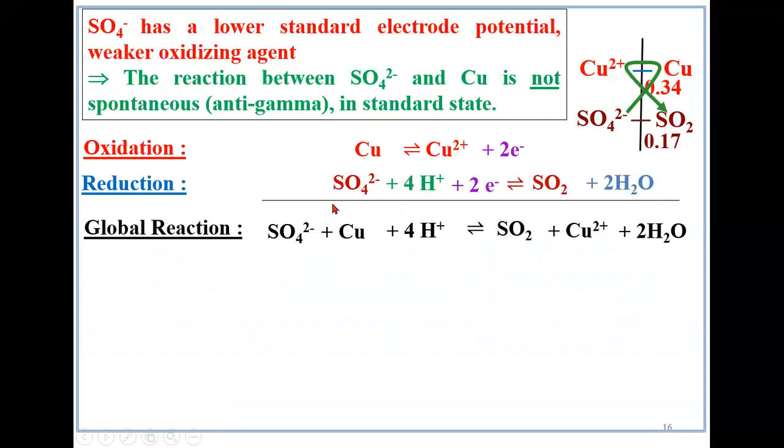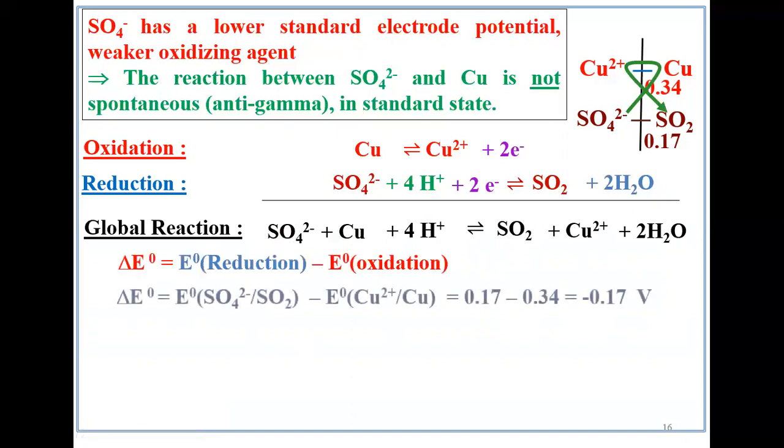Now this global reaction has a delta E naught of E naught reduction minus E naught oxidation. The reduction half is, by assumption, the sulfate ion in acidic medium, minus the oxidation, my copper, because I want to see if my copper is being oxidized. So they automatically are telling you that the copper is becoming oxidized.